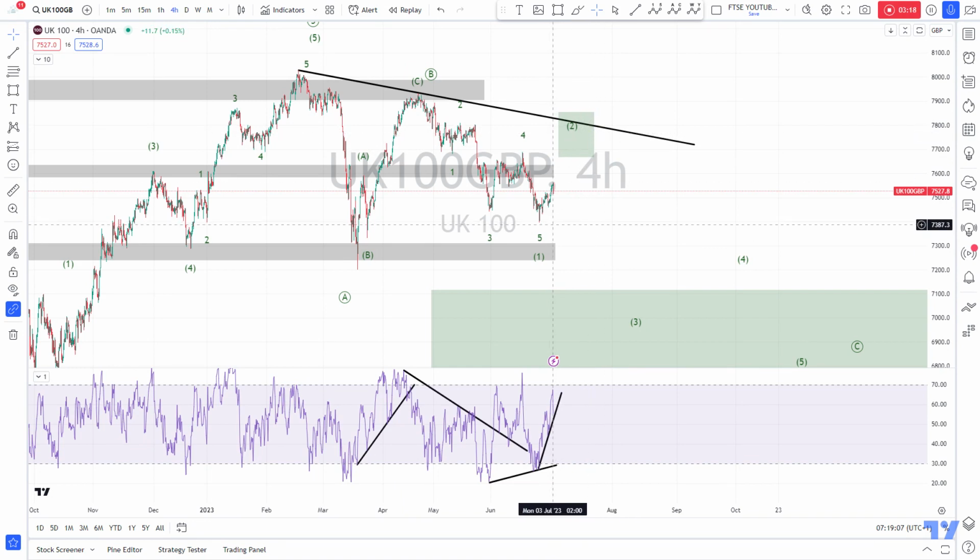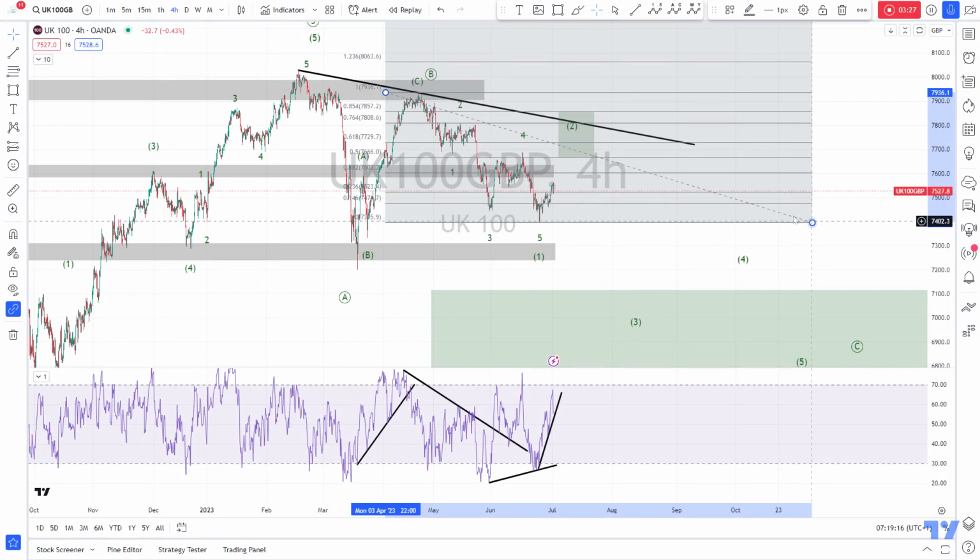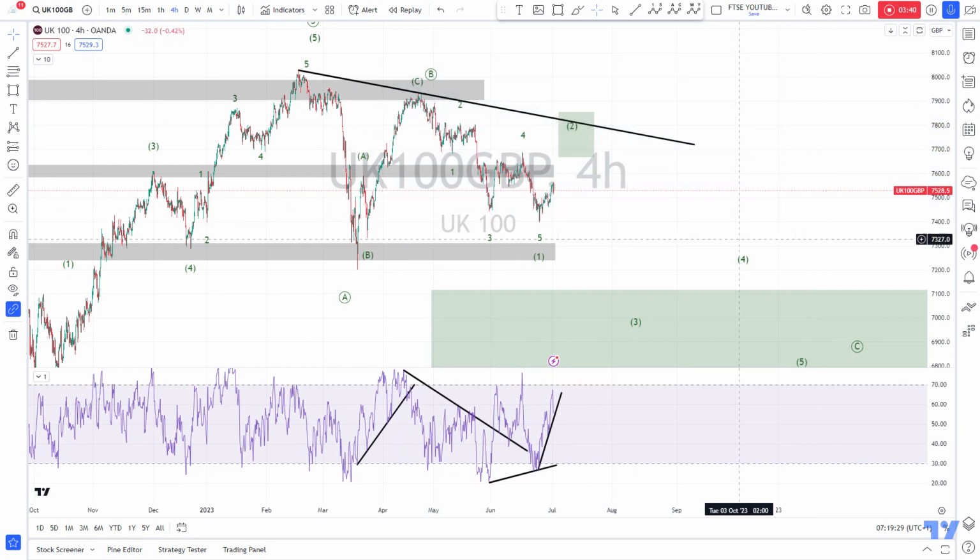So if this is our wave 1 down from here, then we should go into this area between the 0.5 and the 0.854 FIB extension. This is what normally should happen if we want to correct this wave.